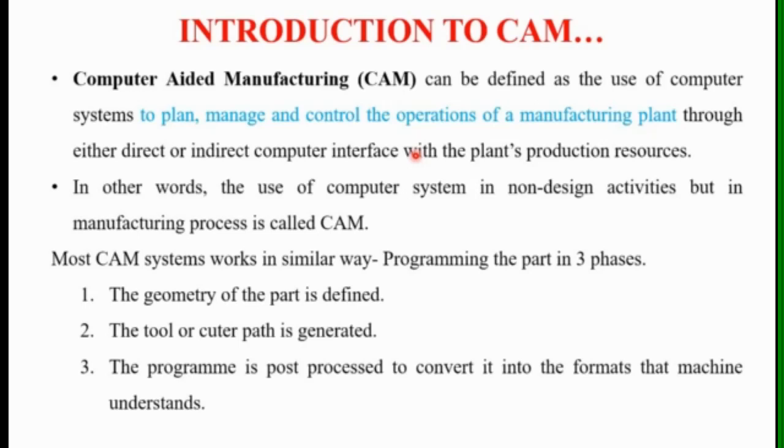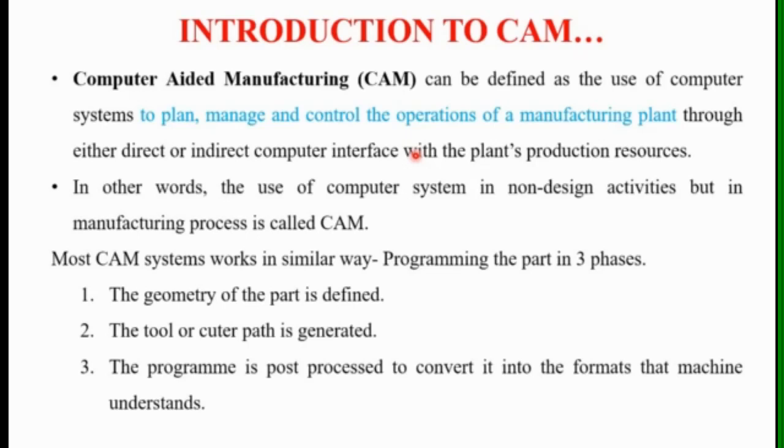Then the third part of CAM is post processing, which converts tool paths into a language that machines can understand, for example the programs that machines can understand. The programming languages, that is the post processing phase of CAM.